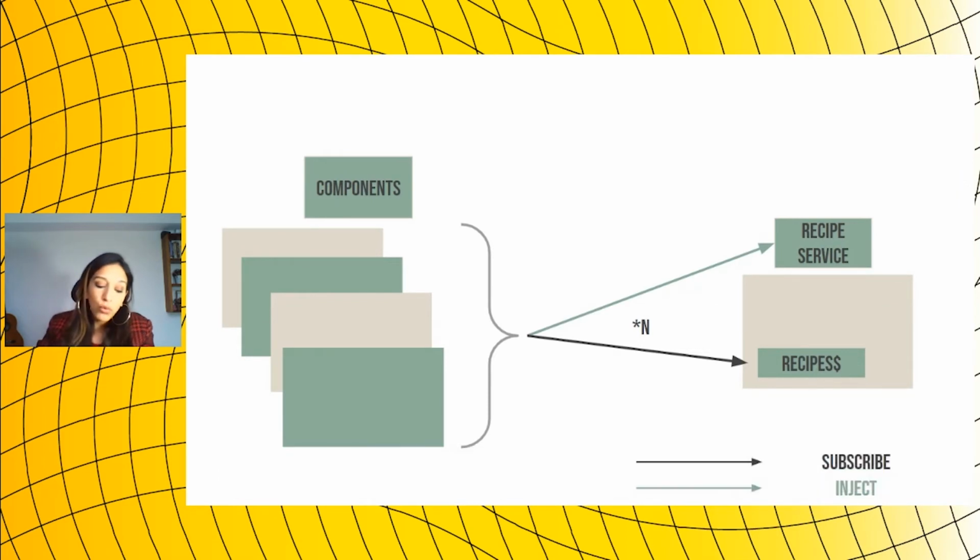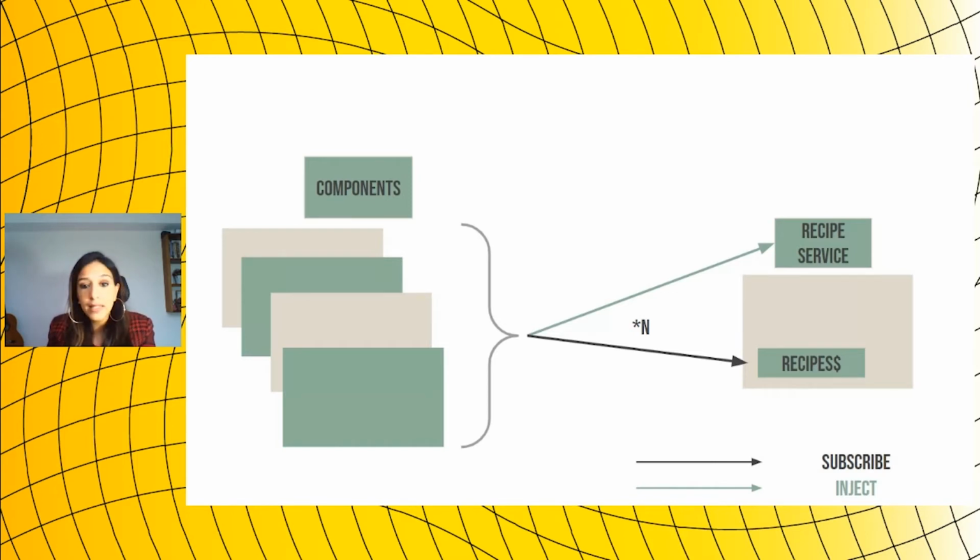And when you're working again with a RESTful backend, I am pointing out again here the full stack thing. The recipes$ will call an API in order to get the list of recipes. So as a component, I can subscribe to this in order to get the data.